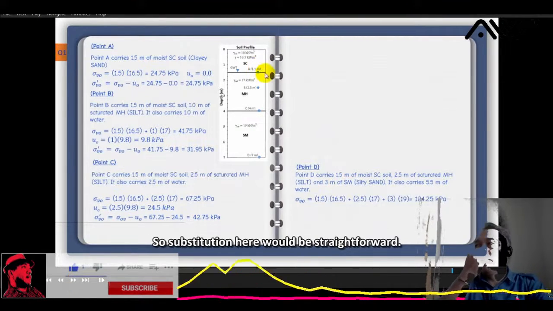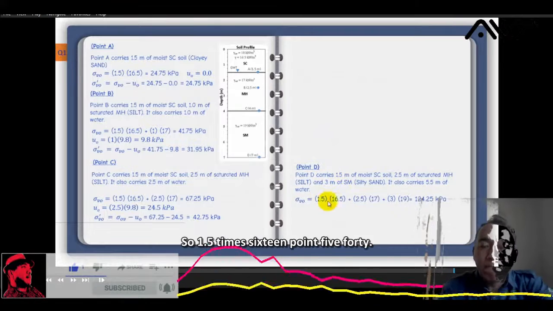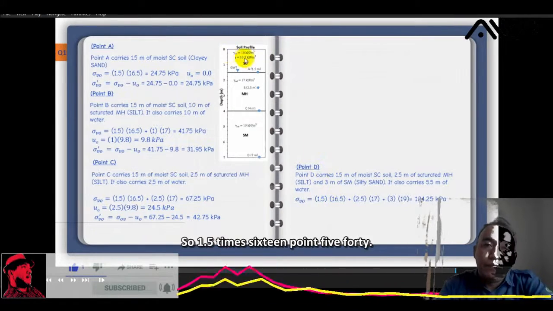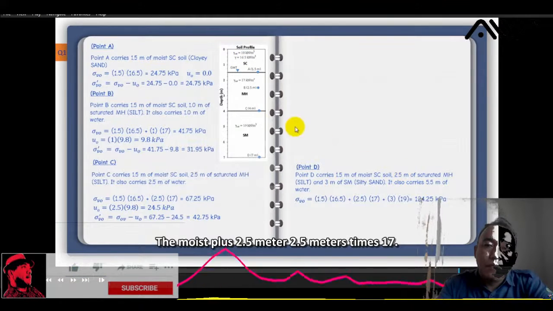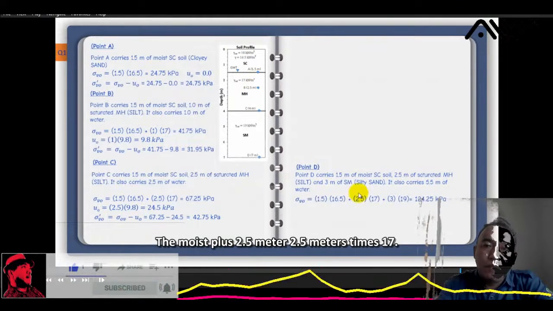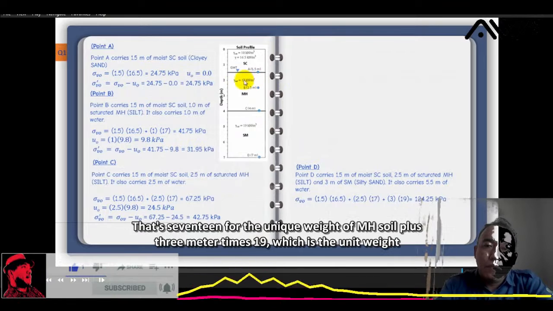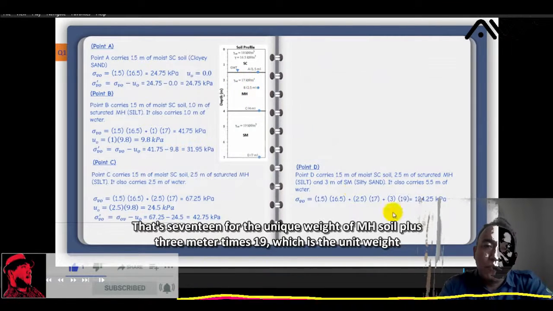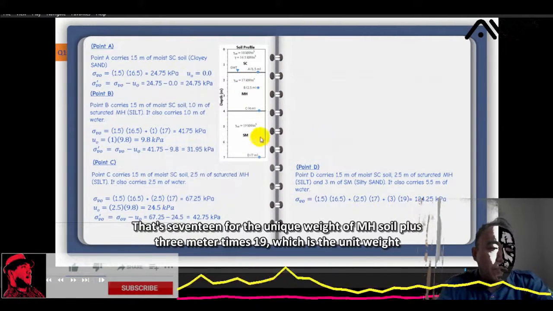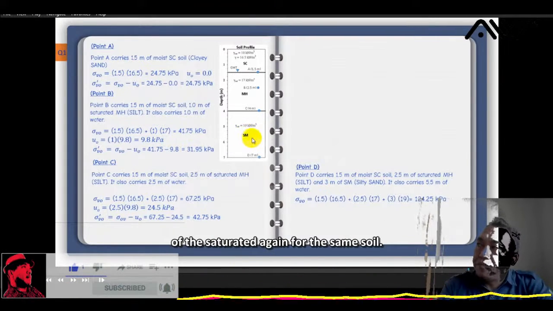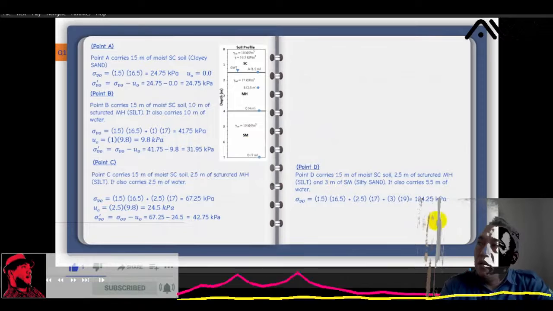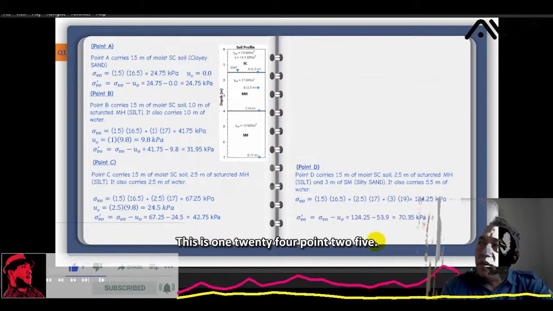So substitution here would be straightforward. So 1.5 times 16.5, which is the moist unit weight, plus 2.5 meters times 17, the unit weight of MH soil, plus 3 meter times 19, which is the saturated unit weight for the SM soil. And this is 124.25.